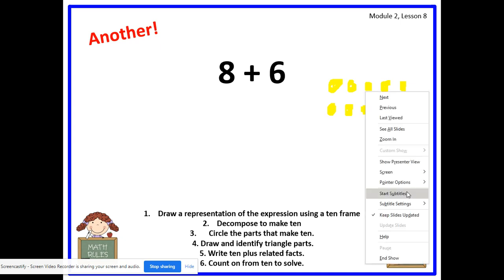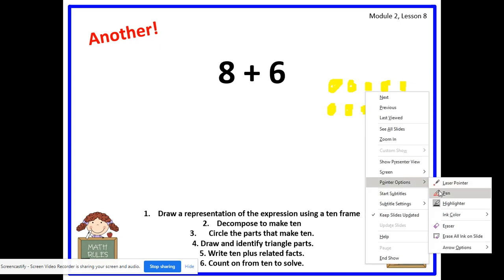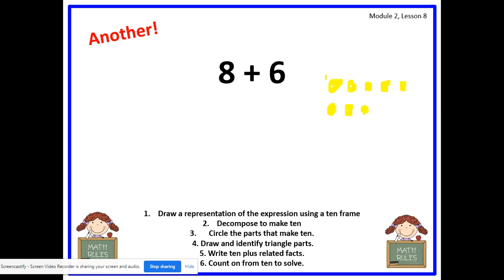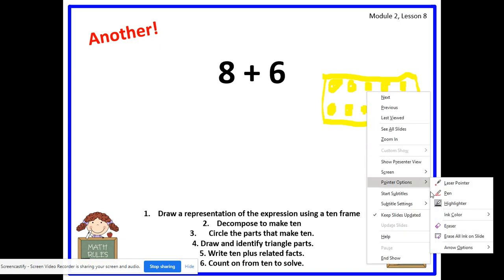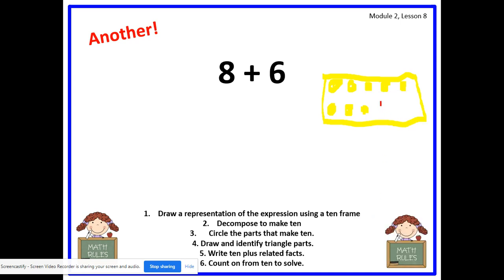Now I'm going to use another color to show the other part, which was 6. Oh, but remember, I have to close up my 10 frame. And I know that I still have space for 2 more. Not 3, because 3 don't fit. Only 8 needs 2 more to make 10.